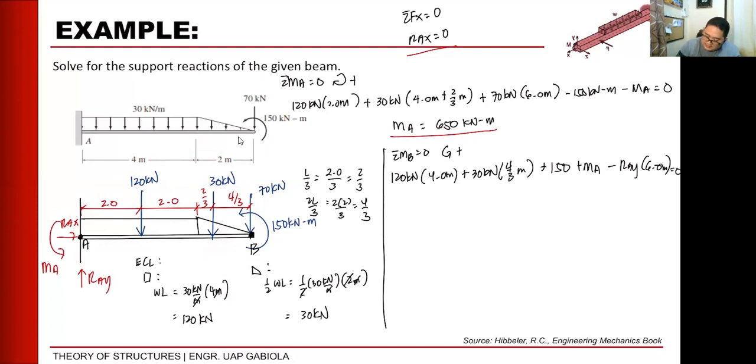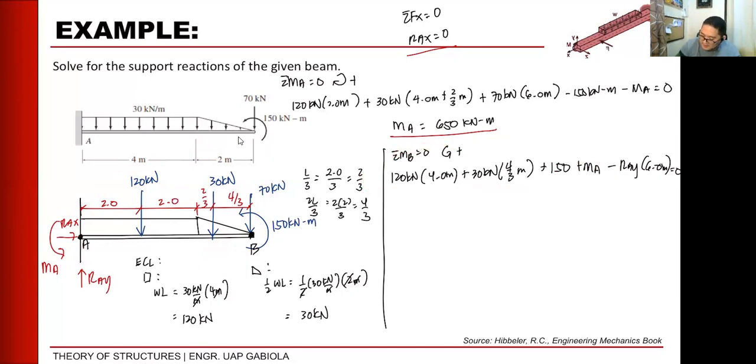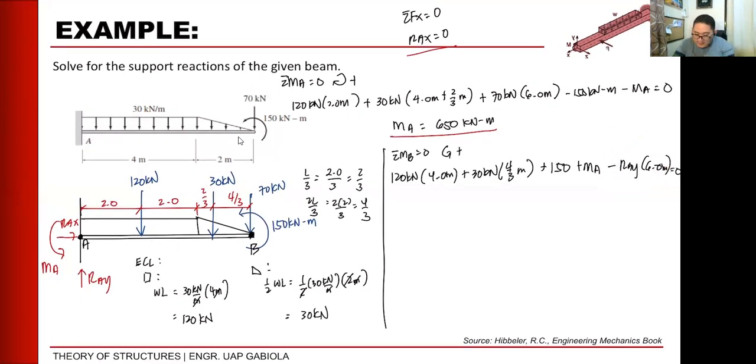Okay? Pwede na natin combine to. Pwede natin gamitin yung value ni MA. Tapos, transpose natin sa kabila si RAY. Okay? So, this will be 120 times 4 plus 30 times 4/3 plus 150 plus 650. Total is 1,320 kilonewton meter is equals to 6.0 meter RAY.